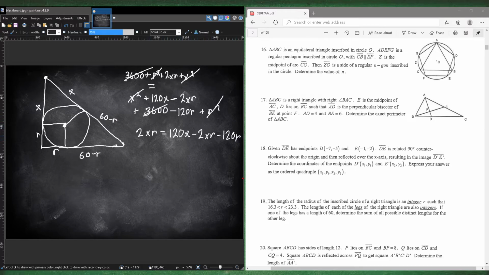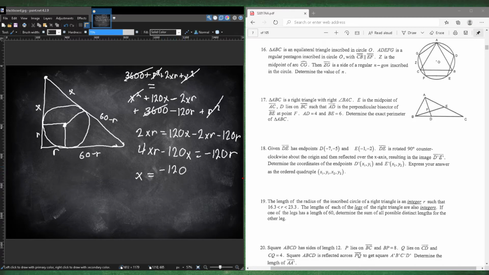Okay, so let's move x all the way to one side. This will make 4xr minus 120x equal to negative 120r. We can distribute out our x, and that would be x times (4r minus 120).